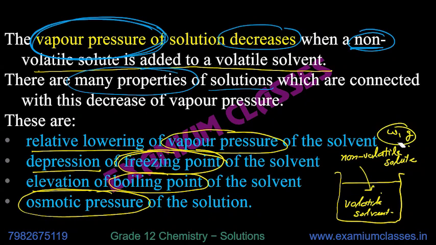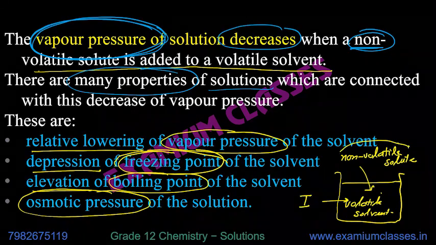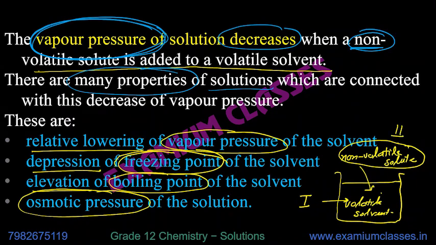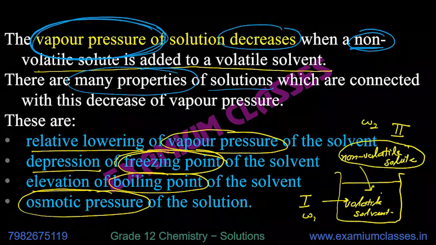In this chapter, the solvent is first, because the solute is added afterwards. The solute will always be considered as two. So W1 will always be of the solvent, not the solute. This is a common mistake students make initially. W2 is the mass of the solute. Whatever is one is the solvent, and whatever is added into it afterwards is two.